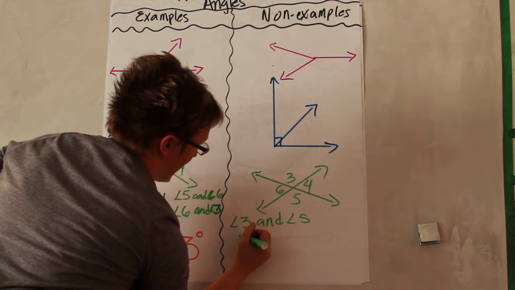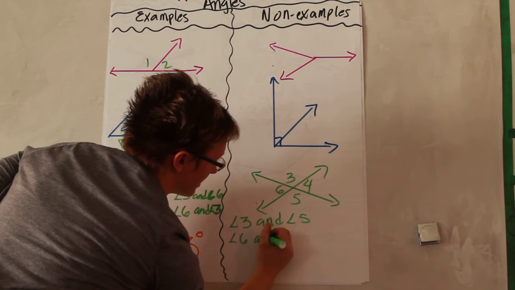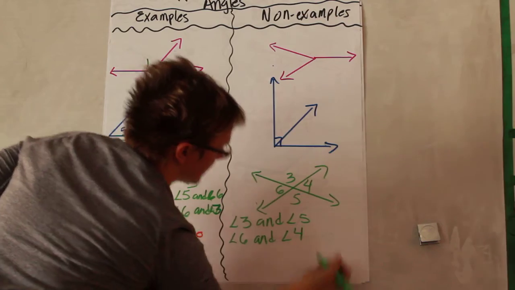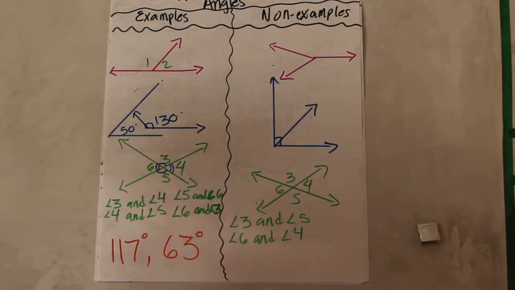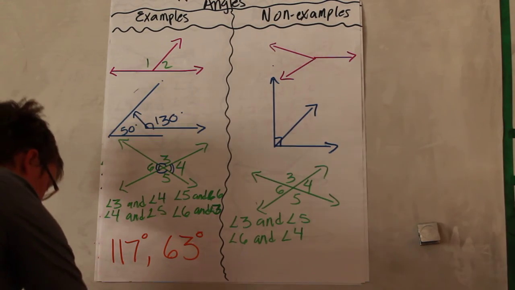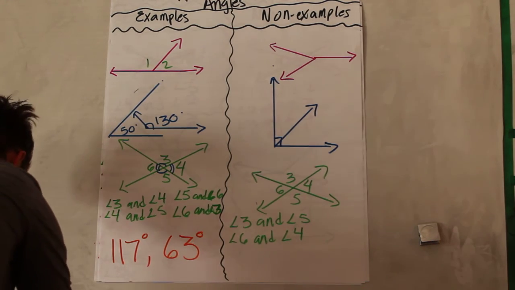Angles 3 and 5, and then angles 6 and 4 are non-examples. They are things of what supplementary angles are not.